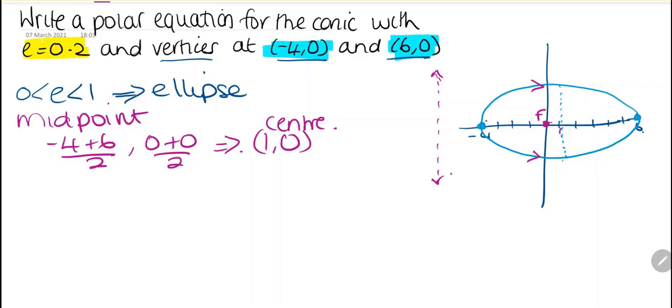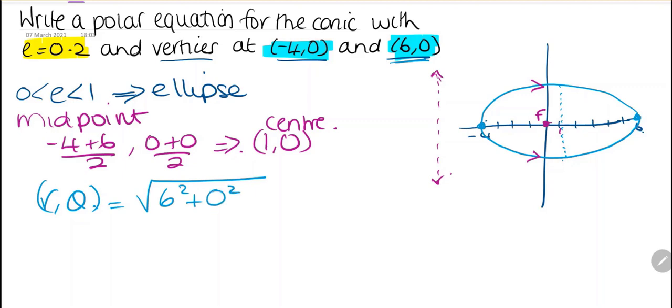So we're going to find it using our r and theta, and we're going to look at the distance formula. So we're going to look at our coordinate at (6, 0). So we've got 6 squared plus 0 squared, so r will be the square root of 36, which is just 6.